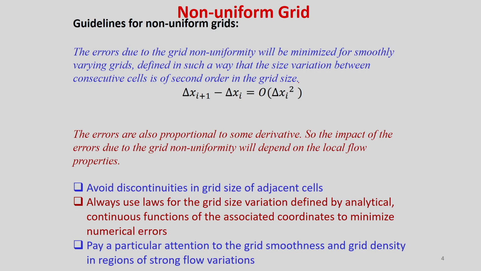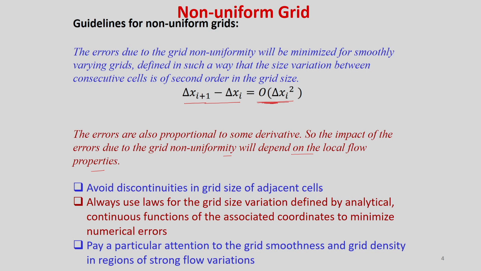Whatever way you use the expansion factor, delta x_(i+1) minus delta x_i should be of order delta x_i squared, then the errors will be minimized. The errors are also proportional to some derivatives, so the impact of the errors due to grid non-uniformity will depend on the local flow properties that we have already discussed. So, when you are generating a non-uniform grid, please take care of these points.